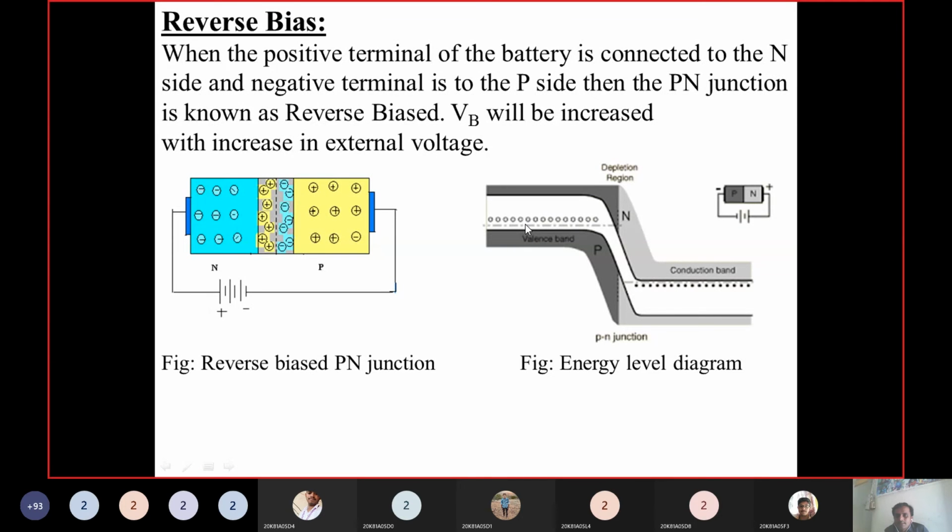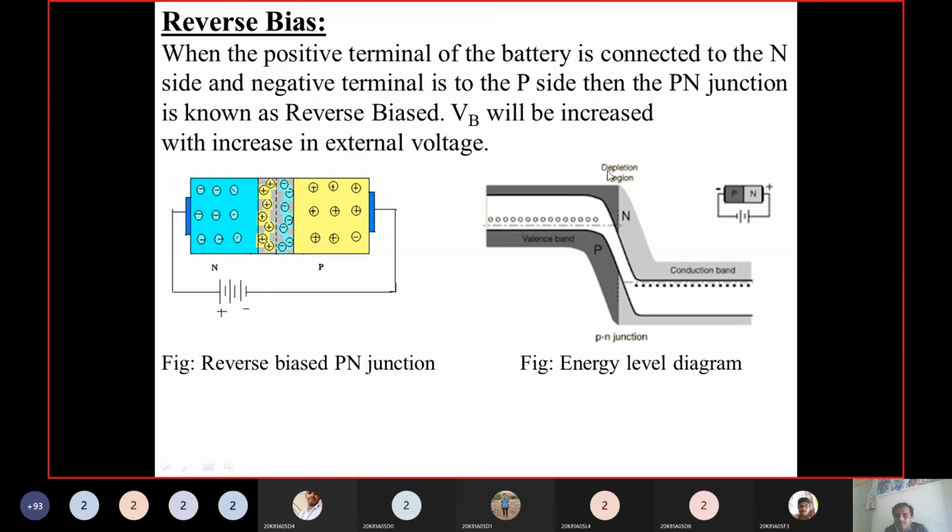Due to this there is a potential barrier. These electrons do not move from the valence band to the conduction band, because the barrier width is very high. Those electrons do not cross this barrier width. So there is no conduction possible in reverse bias.